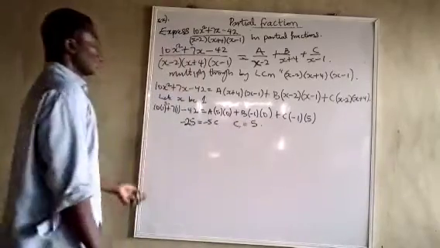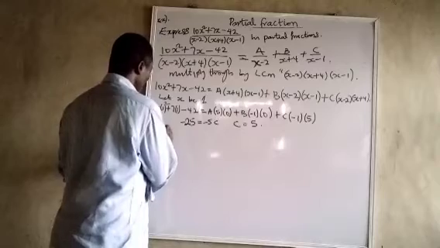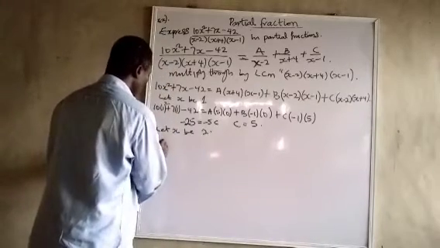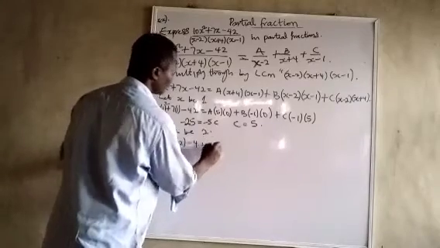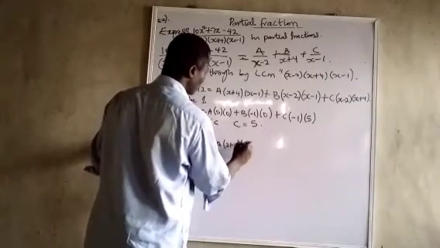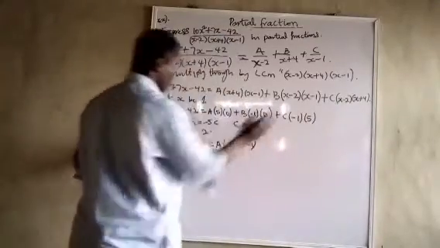Now let's make x to be 2. So you can see that this one will be 10 into 2 squared plus 7 into 2 minus 42, equal to A into (2 + 4)(2 - 1). Please, this one is 0, this one is 0, so don't bother about those ones.